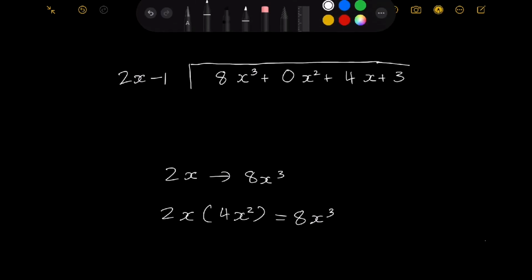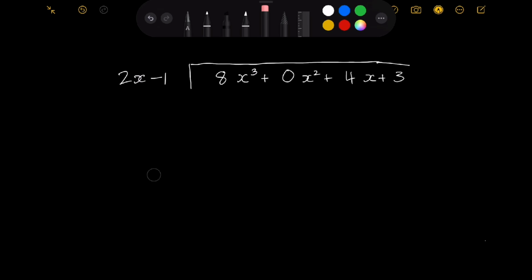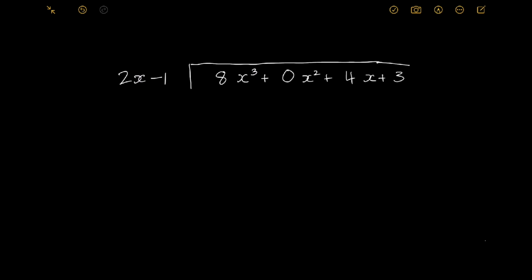You get the main idea here. So 2x to become 8x to the power of 3, we need to multiply it by 4x squared, which is going to make it 8x to the power of 3 minus 4x squared.